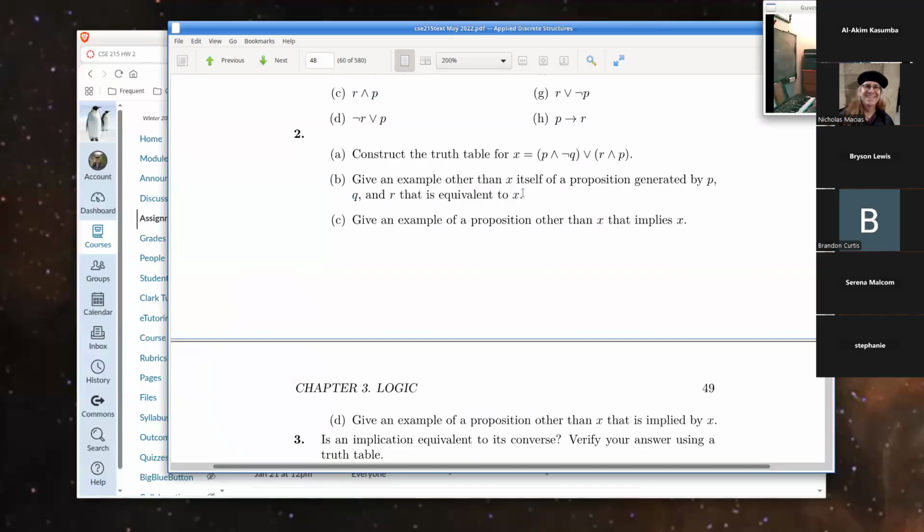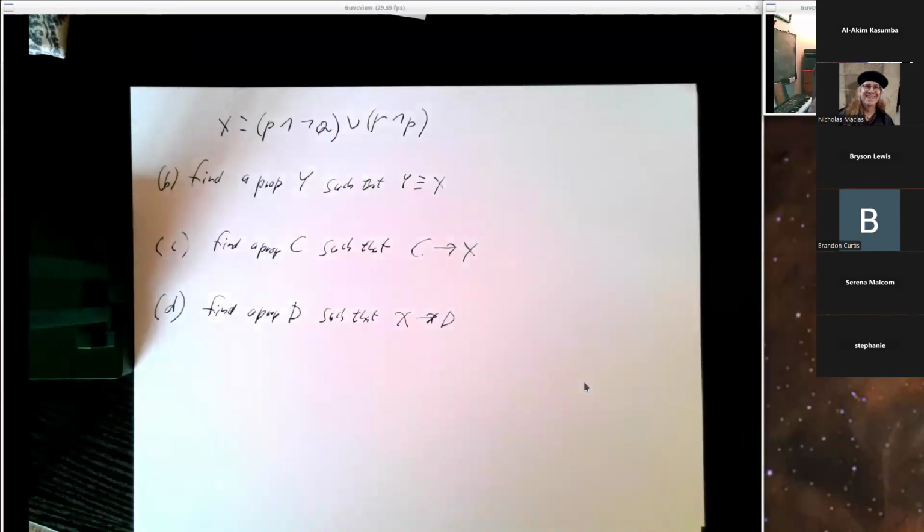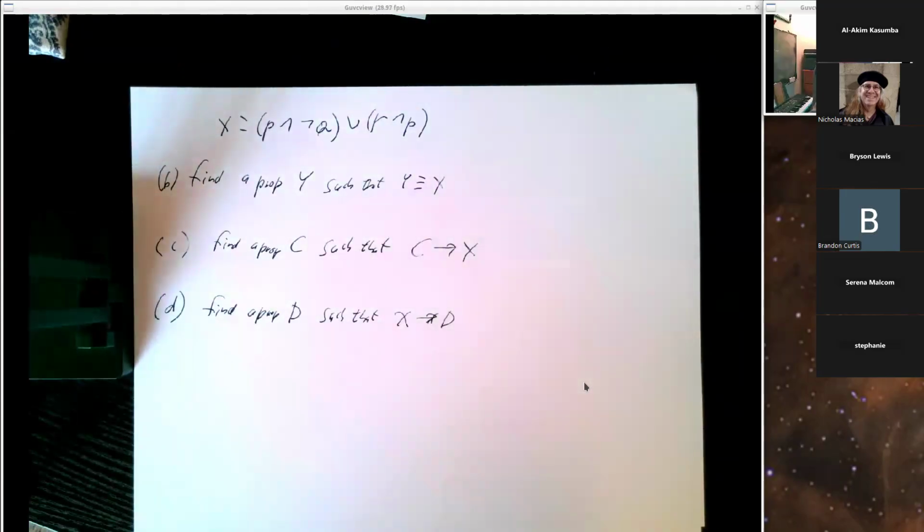All right, so 4 different things. Construct a truth table, find a proposition equivalent to X, find a proposition that implies X, and find a proposition implied by X. These are really good exercises to drill down into the idea of implication, equivalence, being implied by, and so on.